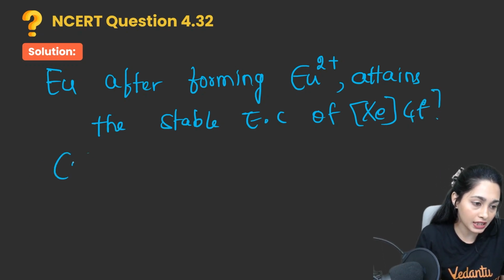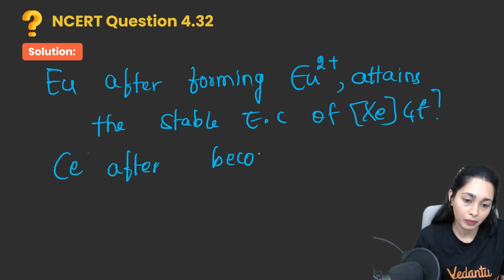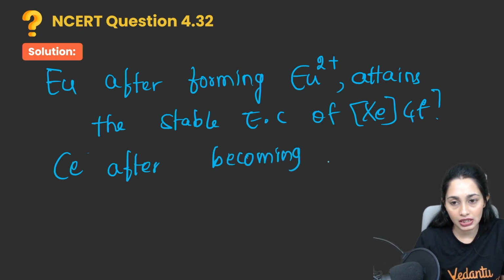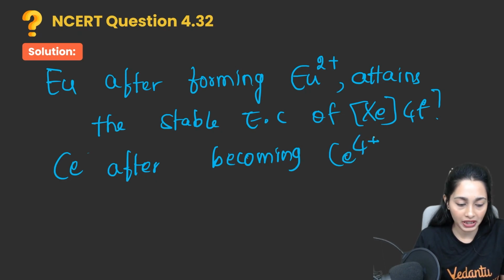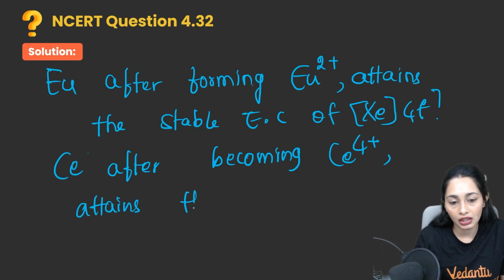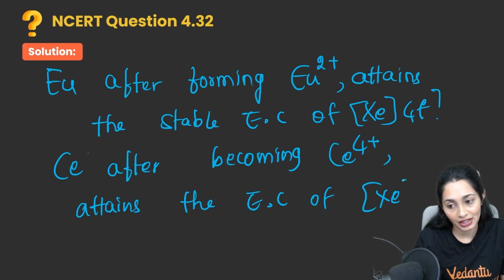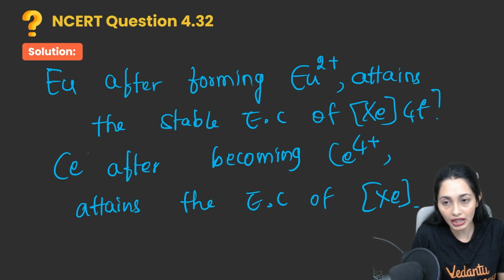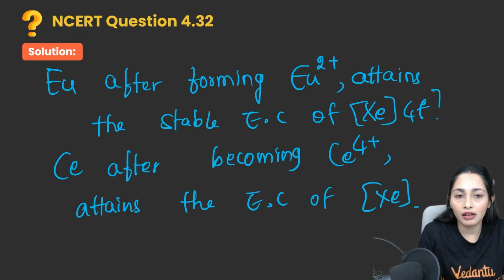Next we have cerium: after becoming cerium 4+, it attains the electronic configuration of xenon. Noble gas configuration is very, very stable. So this is the comparison.